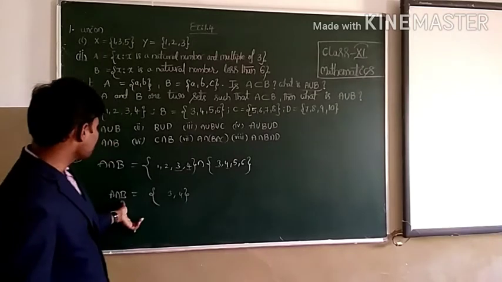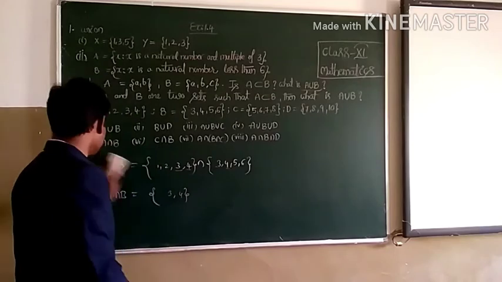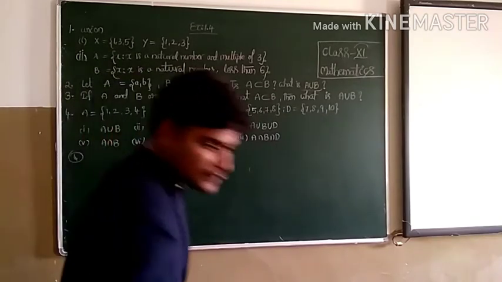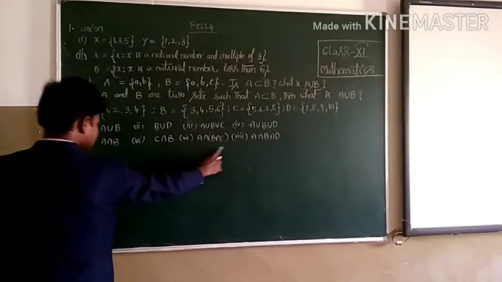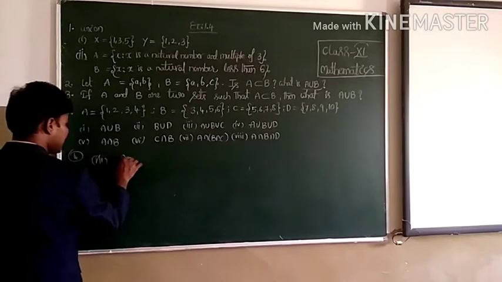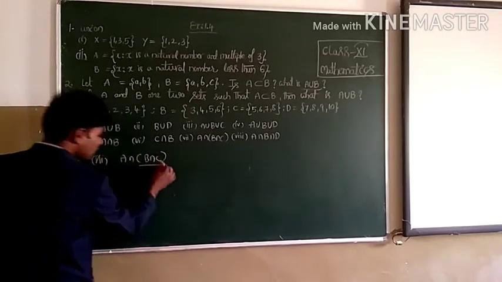Sometimes they give 3 sets. Suppose I consider A intersection B intersection C. First you have to find this part.